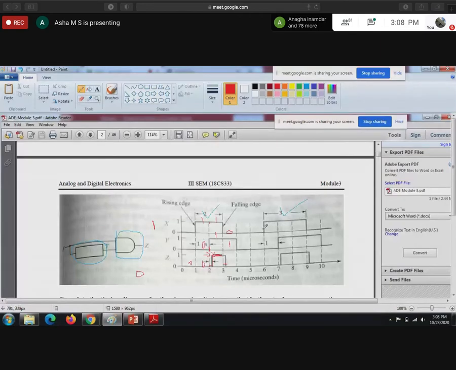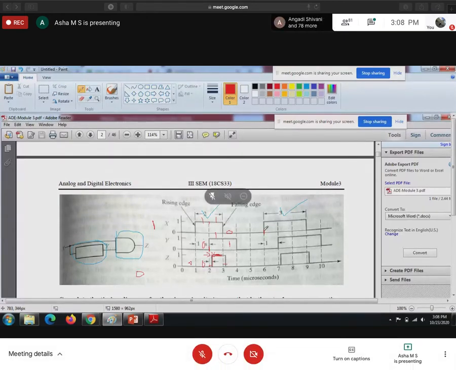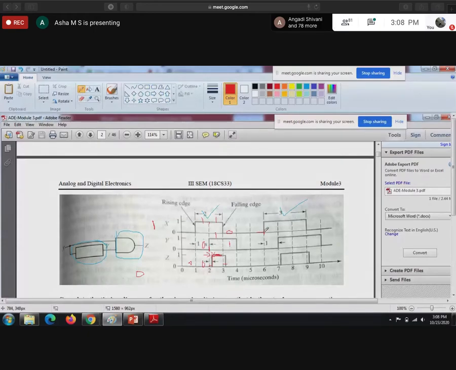See, at 6 microseconds, x will change from 0 to 1. When it changes from 0 to 1, y is not going to change immediately. It will be retained as it is for 1 microsecond.